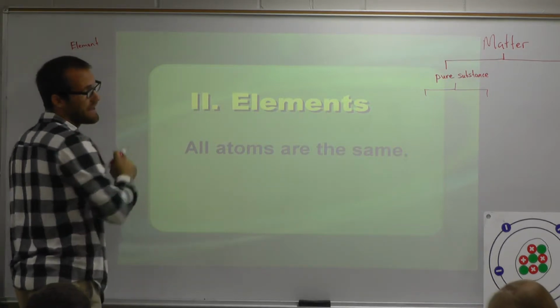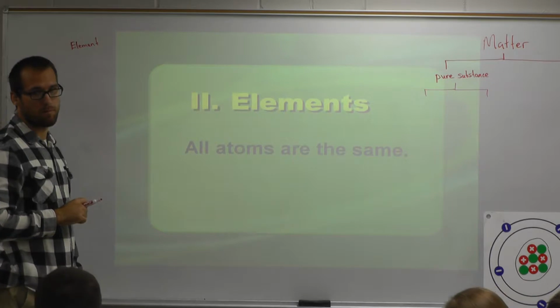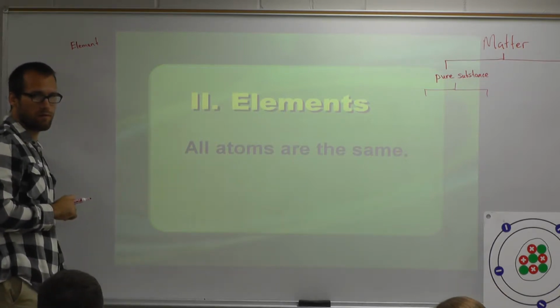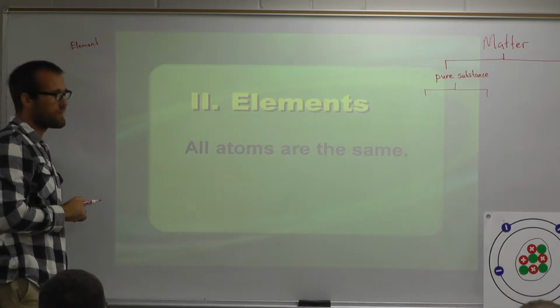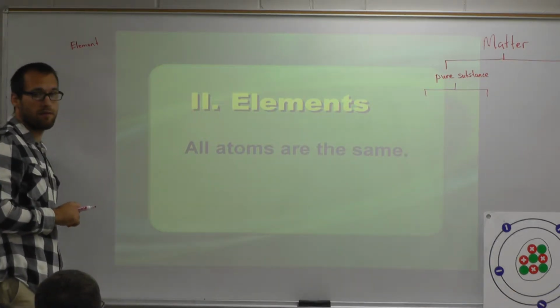Well, that would make it an ion. Well, I mean, they had the same amount, but this one has 6 electrons and protons, this one has 4. Well, then it would be a different element.